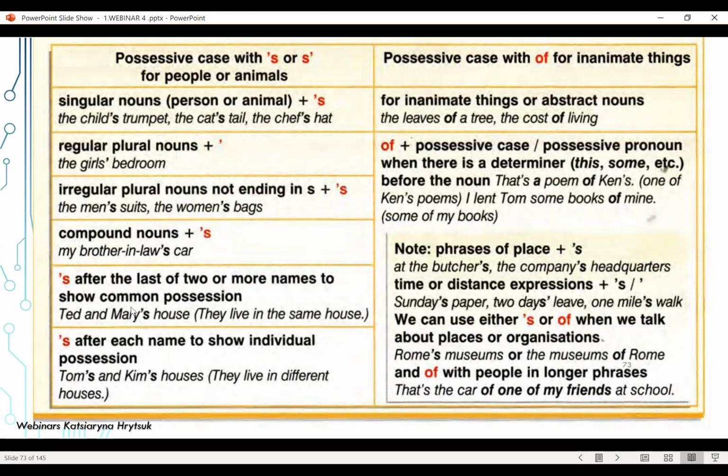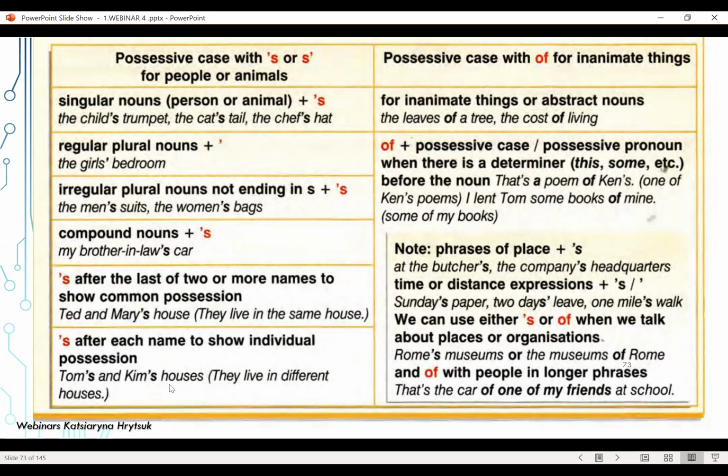Let me give you another example. If you want to say that each person has something, each person has an apostrophe. Tom's and Kim's houses, and here it will be plural. It means they live in different houses. Tom lives in his house and Kim lives in her house. So that's why we use houses.